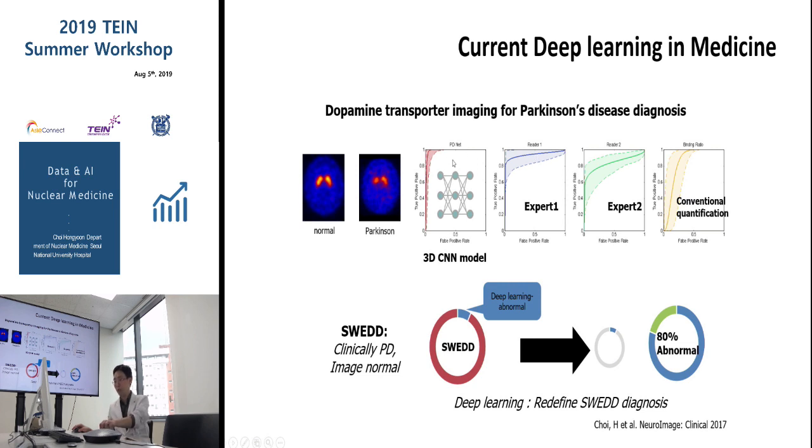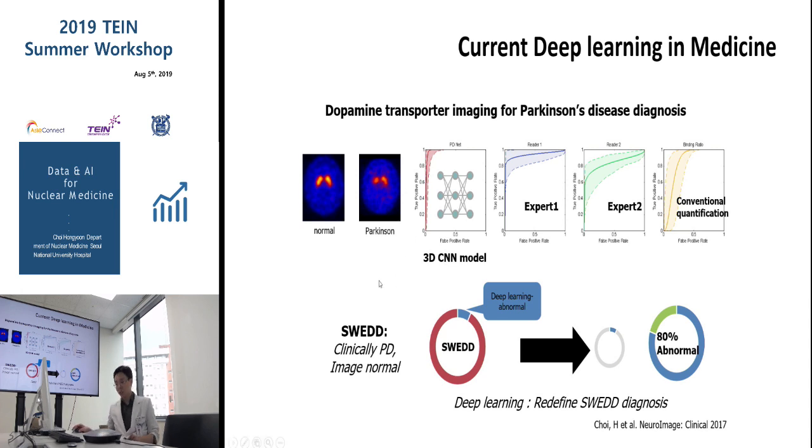And reader 1 was me, and the area under the curve was lower than this deep learning model. And one of the clinically meaningful results was the application to the SWEDD, scans without evidence of dopamine deficit. As you know, SWEDD is a special category of Parkinson's disease. Around 10 or 15% of Parkinson's disease shows normal dopamine transporter. However, they are clinically Parkinson's disease.